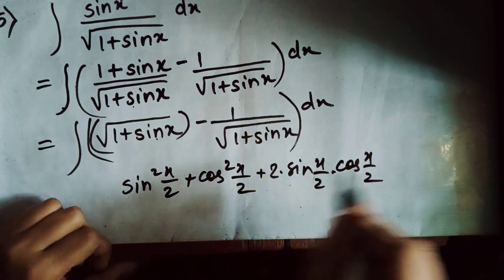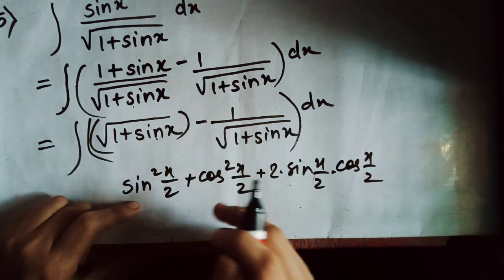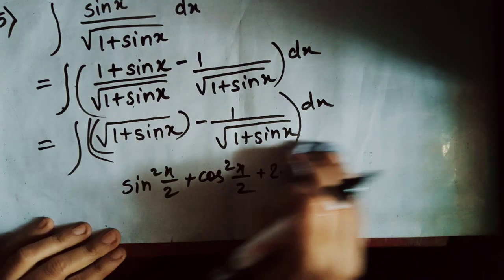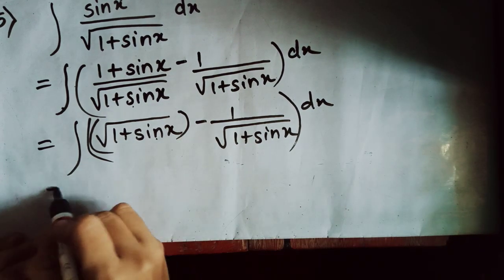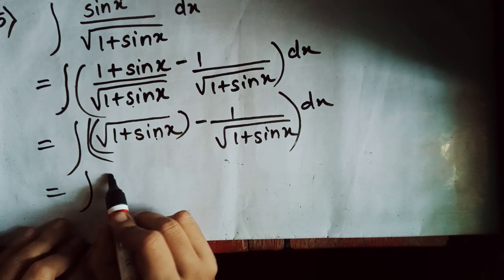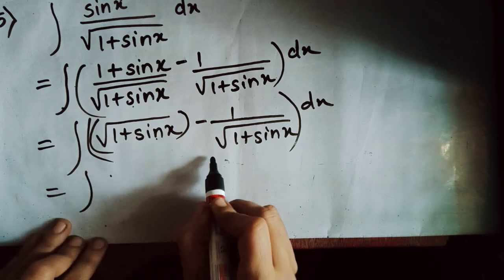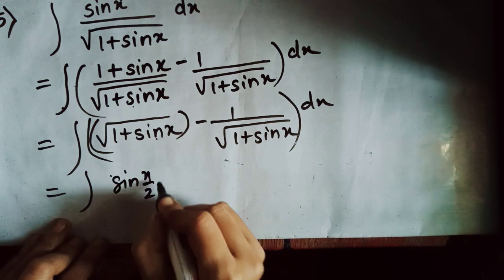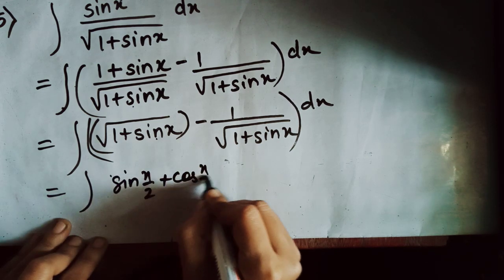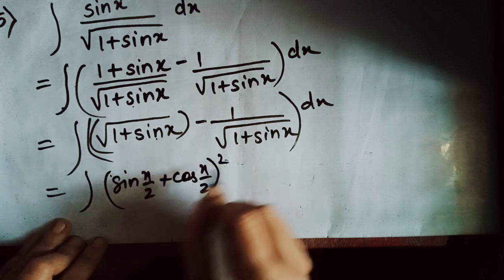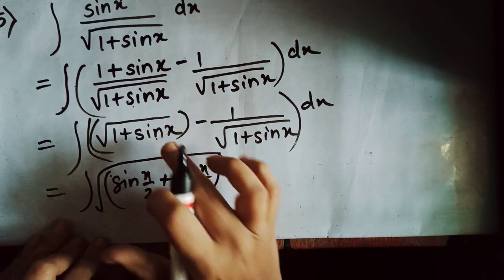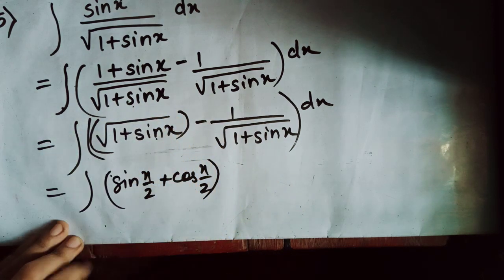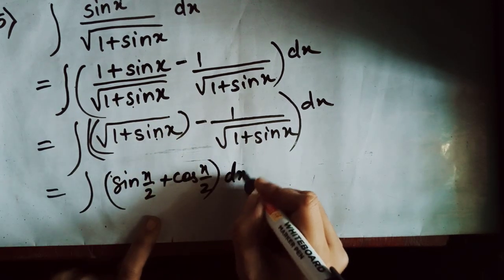So this whole term becomes sine x by 2 plus cos x by 2 the whole square, correct? So you can directly write here integral root of sine x by 2 plus cos x by 2 root, right? So root and square get cancelled. So you have to integrate this.